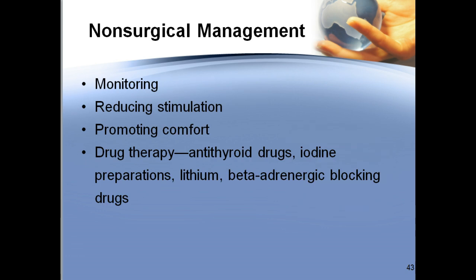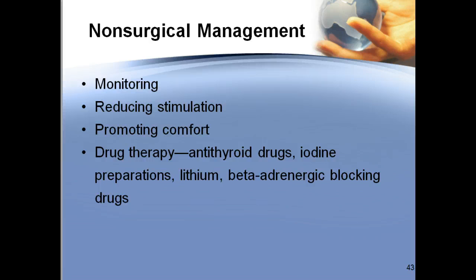Usually people can do non-surgical management, which includes monitoring patients' apical pulse, blood pressure, temperature, and that type of thing. You want to reduce the stimulation because, like I said before, they're already kind of hyped up, so you don't want more. You want to promote comfort.